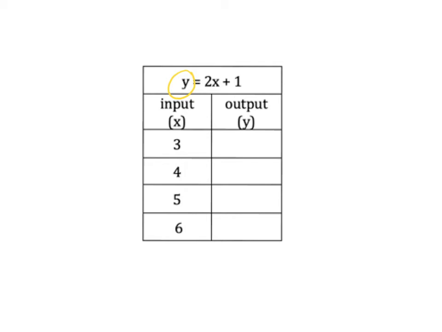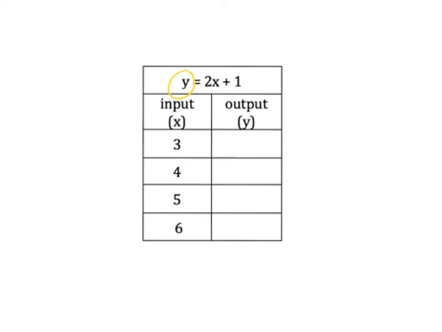So you'll notice sometimes an input-output table has one thing that happens to x. Sometimes there are two things that happen to x. So we just have to pay attention. We have to read the equation we're given to see what's going on with x, and then we know how to turn each of our inputs into our outputs.